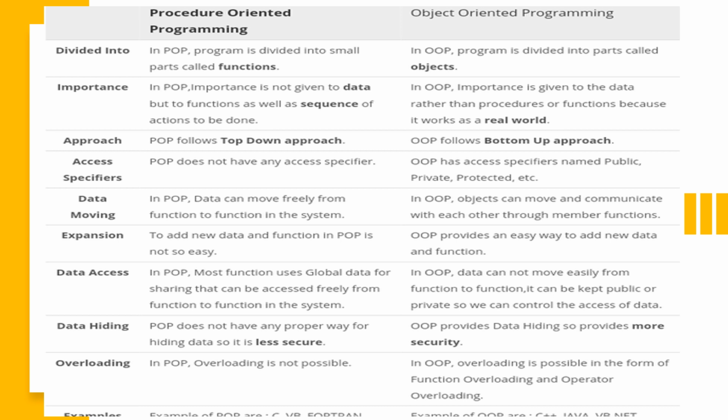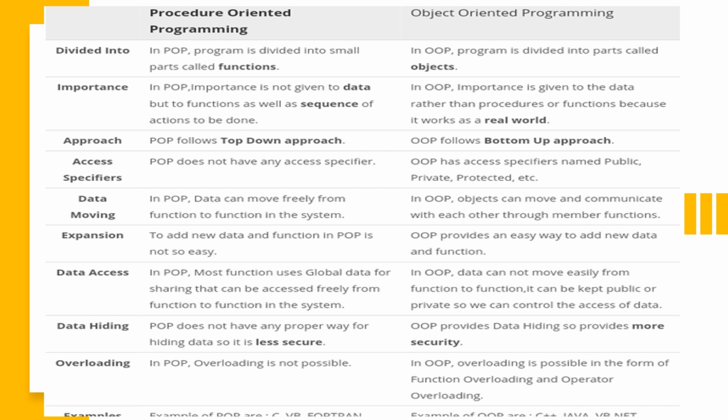The remaining differences are not easy to understand at this point of time. But one I have already explained: there is no concept of access specifier in procedure oriented, and there is a concept of access specifier in object oriented programming. That is the reason data security is achieved in object-oriented programming, whereas it is not achieved in procedure-oriented programming. One more difference which you can understand at this point is expansion.